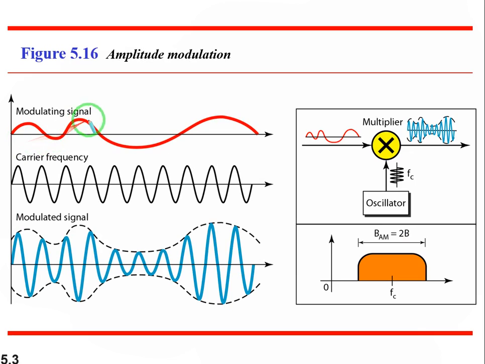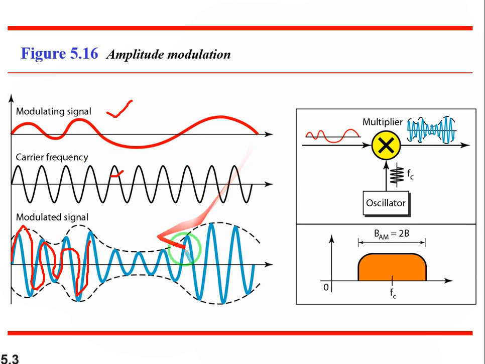In amplitude modulation, we have a modulating signal, the analog or original signal, and we have a carrier. Once the modulating signal is multiplied with the carrier, the carrier is going to modulate the amplitude of the signal.